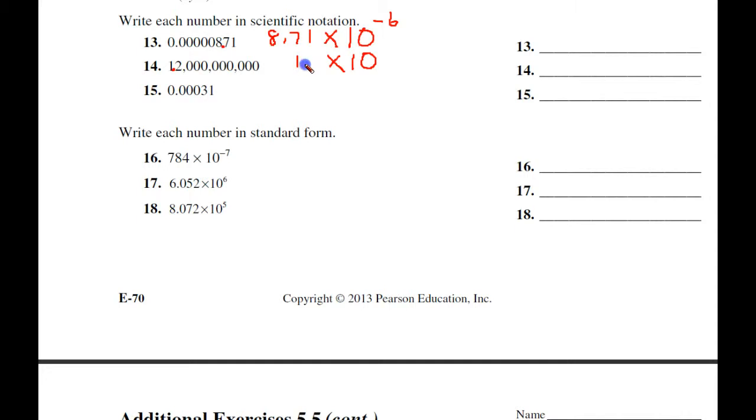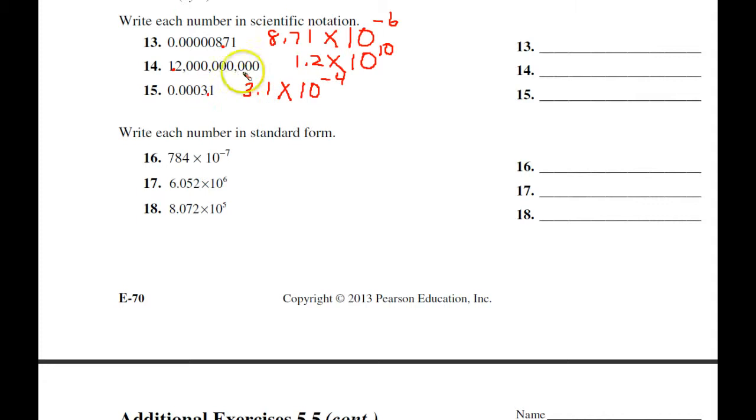So it's going to be 1.2 times 10 to the 10th. And again, this will be times 10 to a negative power, since we're moving it to the right. Small number, 1, 2, 3, 4, negative 4, decimal there, 3.1.